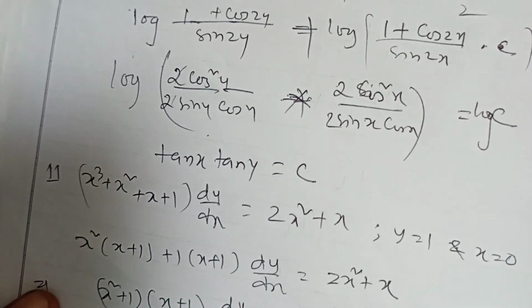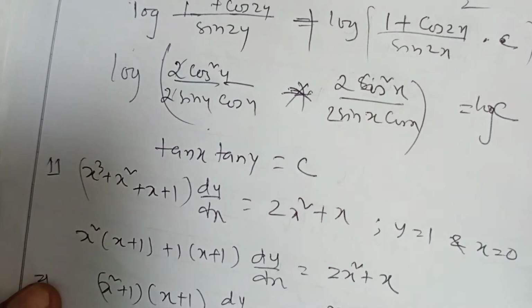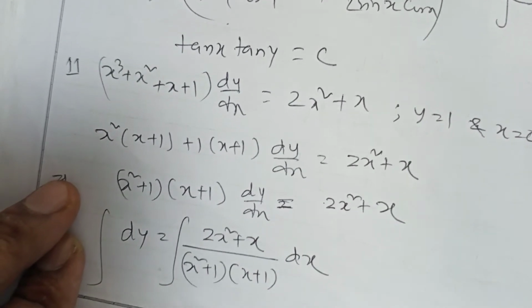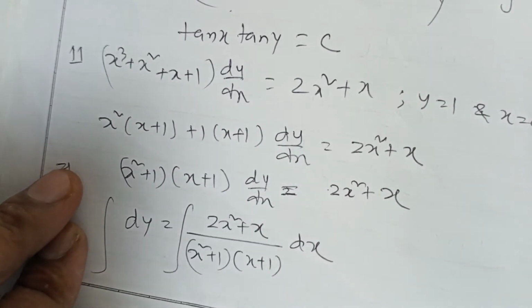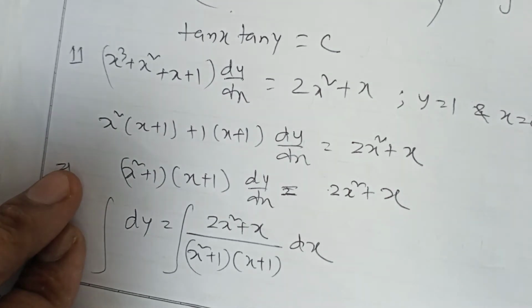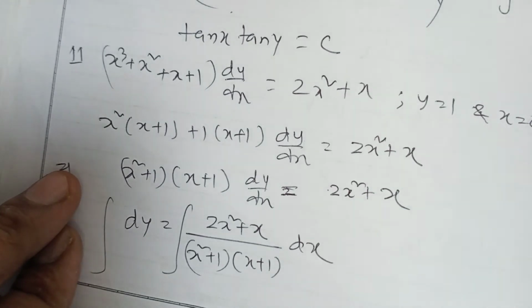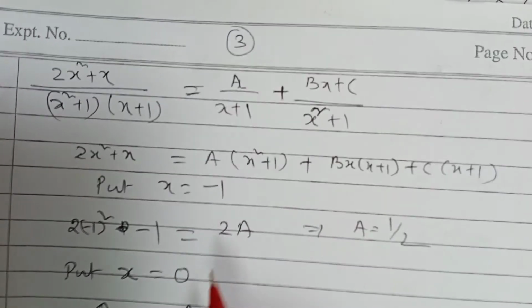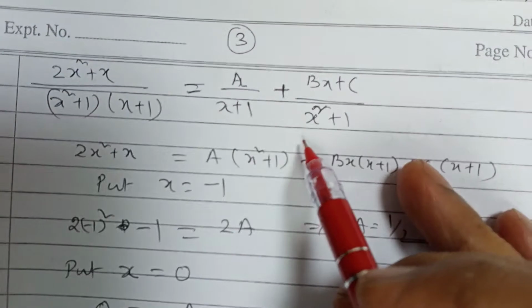So question number 11. This is the differential equation where I have factorized it, then solved it. Now separating dy and dx. Now this one we have to integrate by partial fractions. We must know how to integrate this. Here we will not learn how to integrate. Here you learn how to separate them, how to understand and recognize which form it is. I am not going through this method; you will first do it, then you can understand.